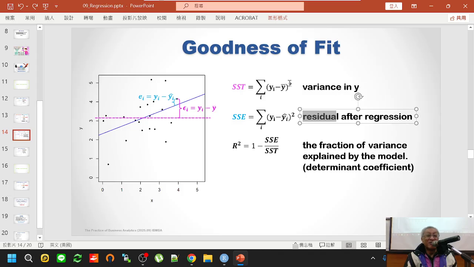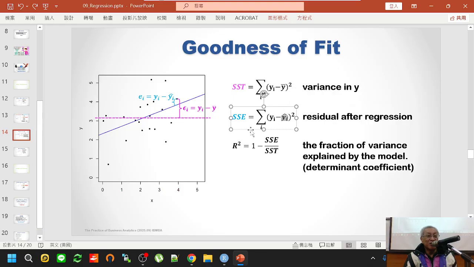Okay, I say it again, right? First of all, we calculate the variance of y itself, which is the variance of y against its average. And then we calculate the variance of y against the estimation value.